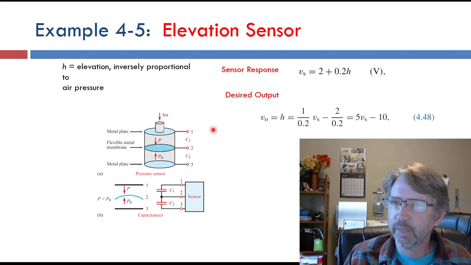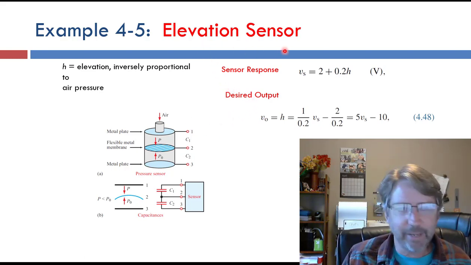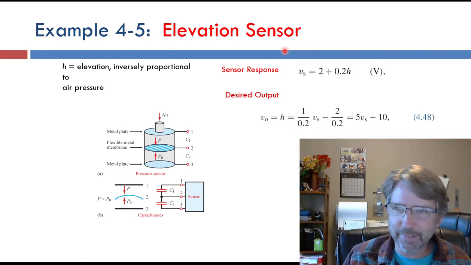Here's another example where we're trying to do an elevation sensor. And I was really happy to see this when I went through these slides. These are slides from the textbook.